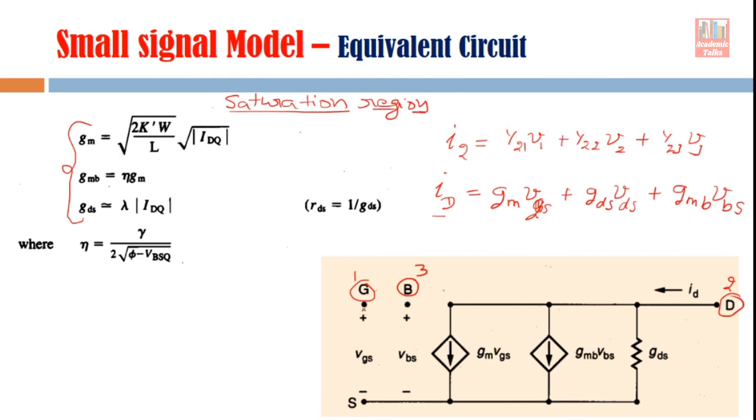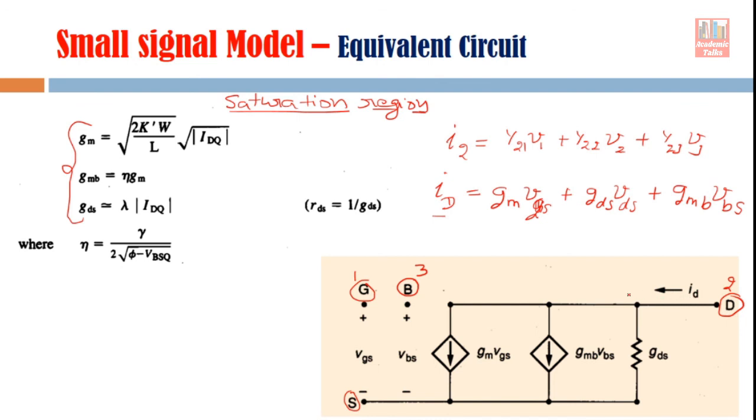So between the gate terminal and the source terminal, which is the common or reference terminal, it is open circuit. Gate source voltage is applied, but it is open circuit because no current flows between these terminals. Between bulk and source also, it is shown as open circuit because in general no base current flows there, but the base source voltage is shown here. Now this drain terminal is our second terminal.